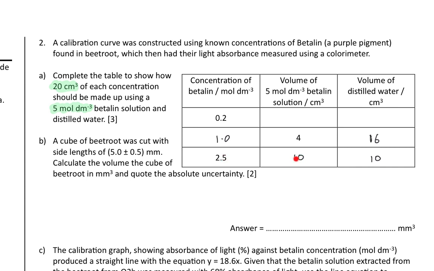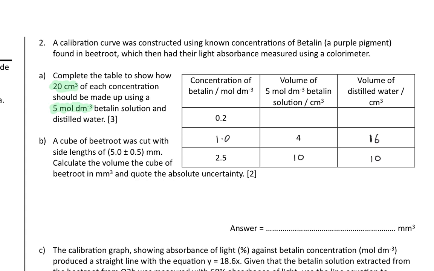So 10 divided by the final volume, 20, gives me the fraction of the 5 molar that I need. So I can use this one to get this one. So 4 divided by 20 is 0.2. Therefore, 0.2 times 5 gives me 1.